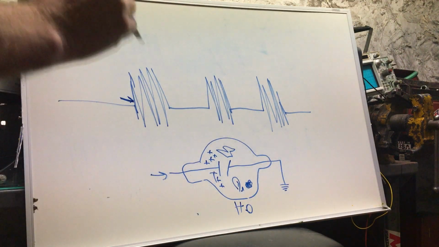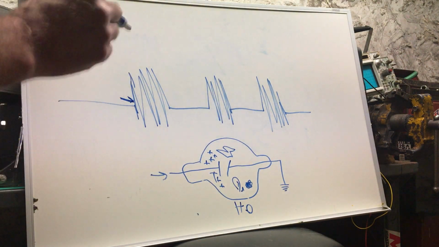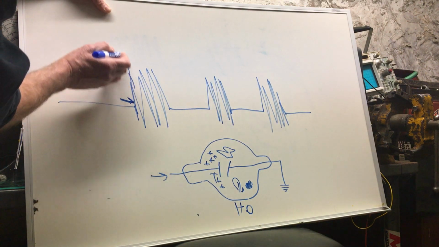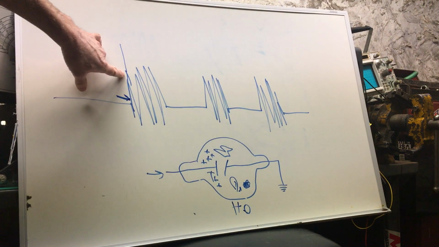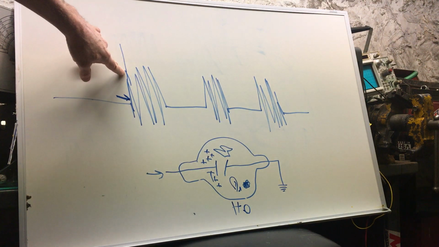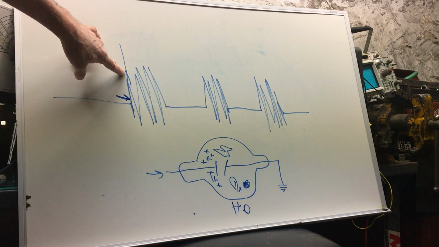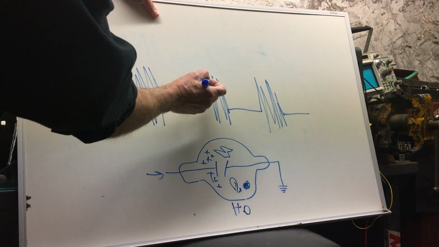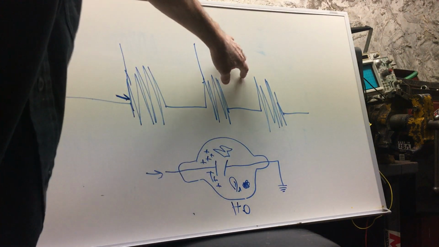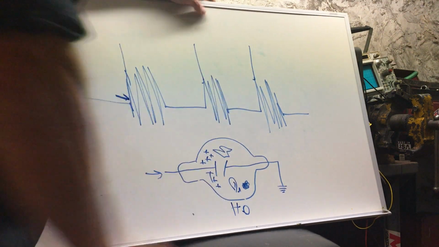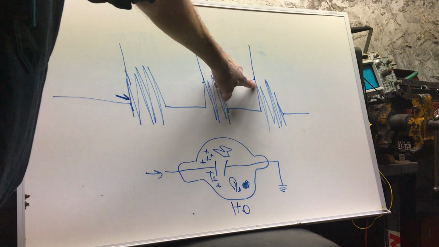So with that understanding, we can see that tube ignition happened here at the most positive part of the sine wave cycle of the signal input. It also happened right here at the most positive part of the sine wave input, and it also happened right here at the most positive part of the sine wave input.